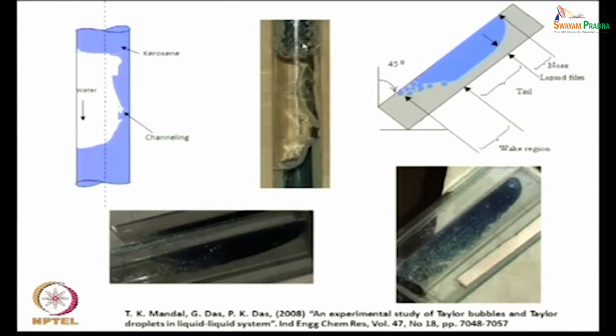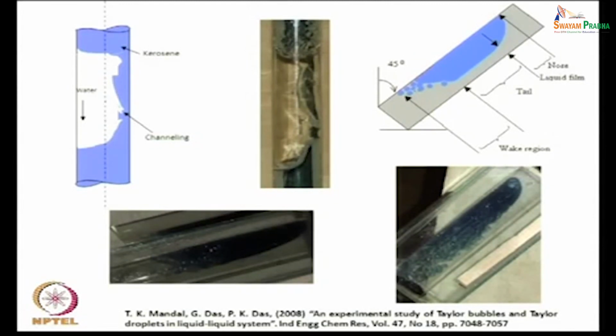But when a water droplet is falling through kerosene, we find what it does, it actually sticks to one particular portion and it climbs down along one particular wall, whereas kerosene flows downward along the other wall. Or in other words, we find there is a tendency of channeling in this particular case.